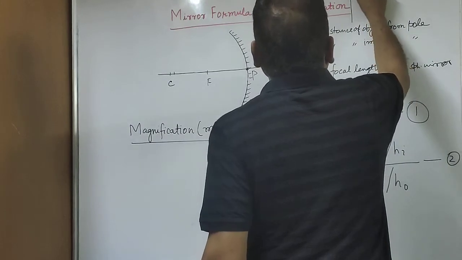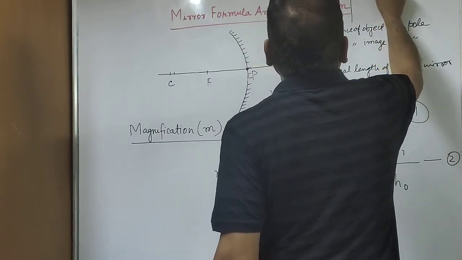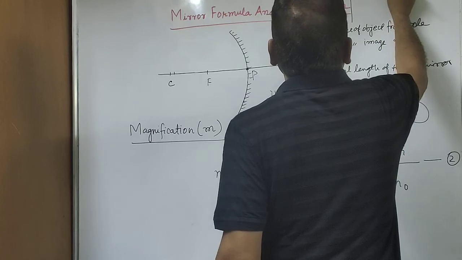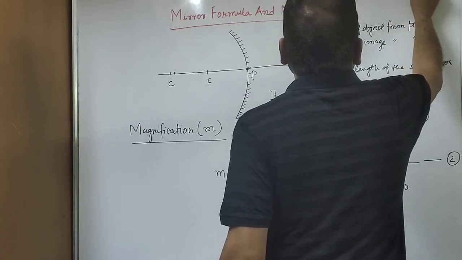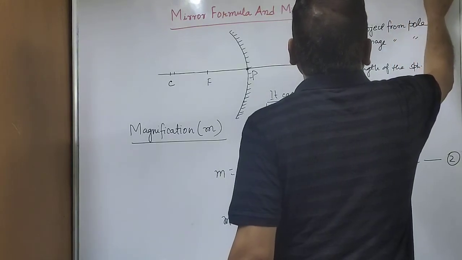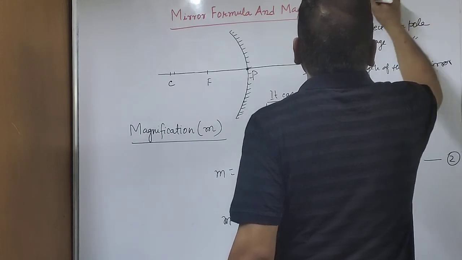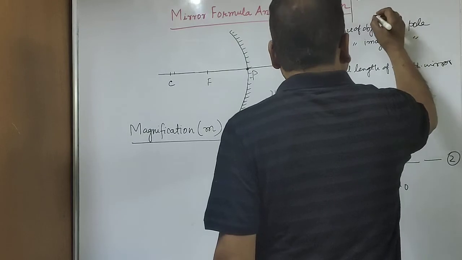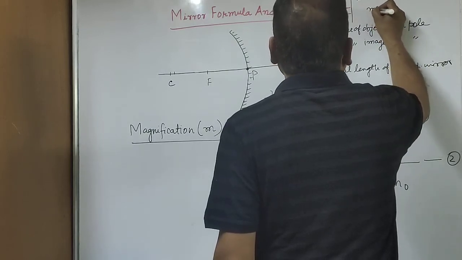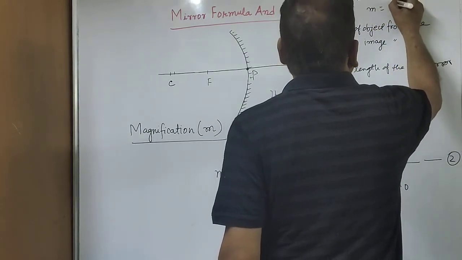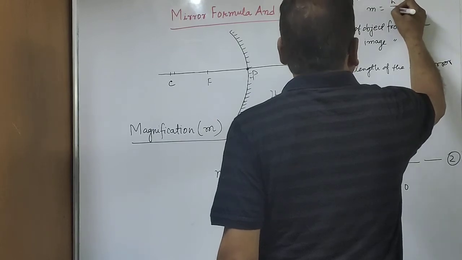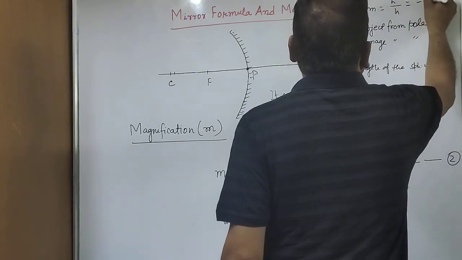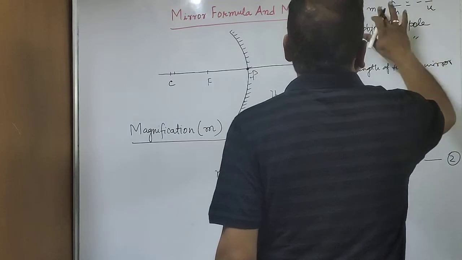So from equations 2 and 3, we can write that m is equal to h dash by h and it is equal to minus v by u.